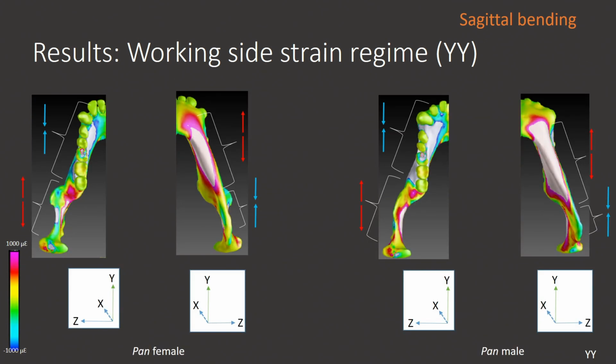If we look at the models from the superior views, we see that the YY axial strains on the top of the corpus are negative anteriorly and around the bite point, associated with positive bending, but then they shift to positive YY strains posteriorly around the retromolar sulcus, and that's associated with negative bending. If we look at them from inferior, we see the YY sagittal strains are positive anteriorly along the corpus and shift to negative when they're more posterior around the angle.